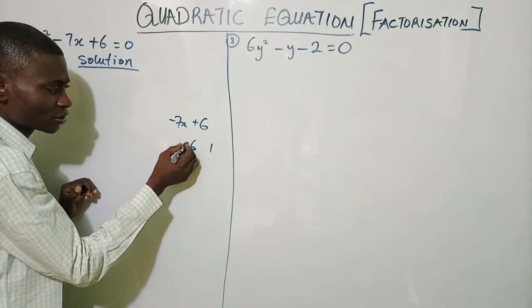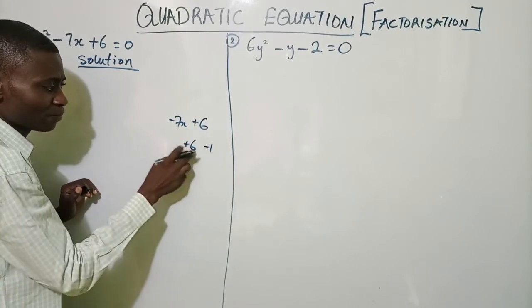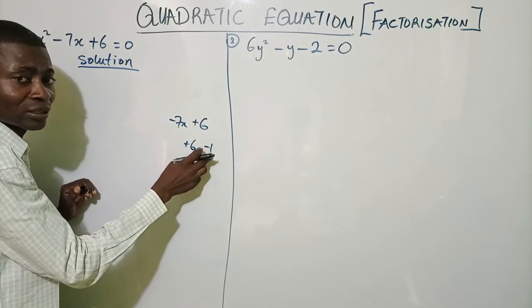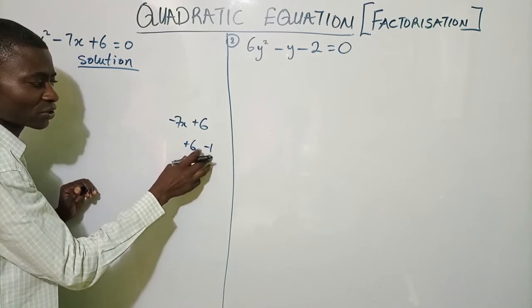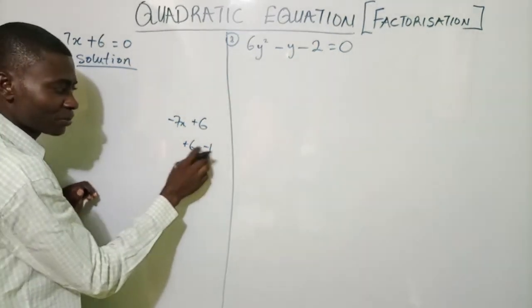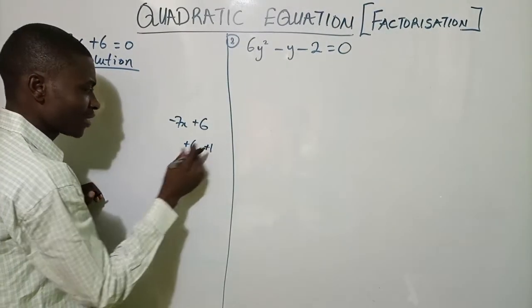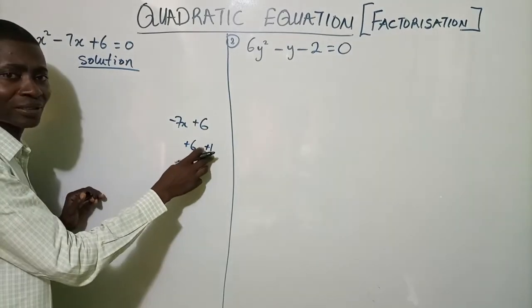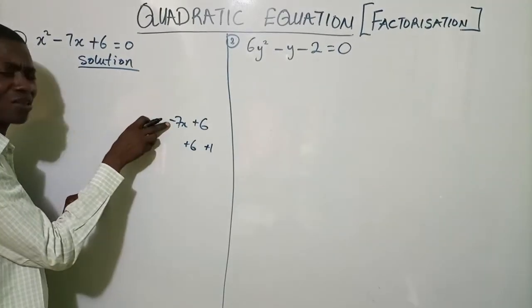Is it going to be plus or minus? If I say plus 6 minus 1, that will give us 5, so definitely it's not plus 6 minus 1. And if I say plus 6 plus 1, that will give us 7 and not minus 7.